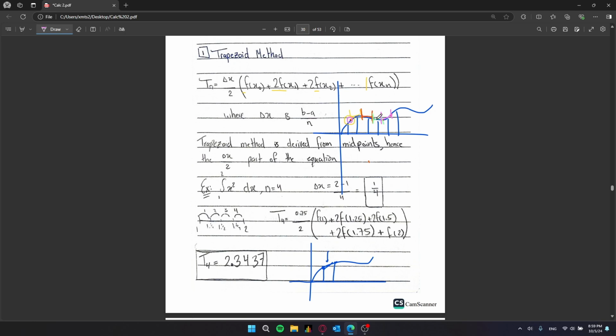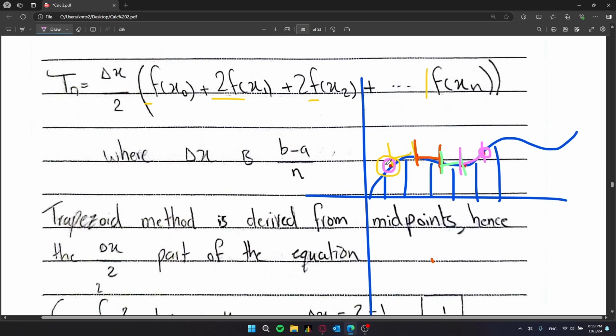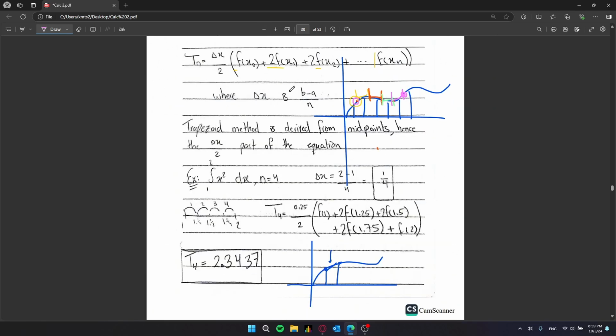The first point and the last point are used once, whereas every other point has an overlap of colors. The first point only has yellow, the second has yellow and orange, the third has orange and green, the fourth has green and pink, but the fifth only has pink. That is why the coefficients are the way that they are.